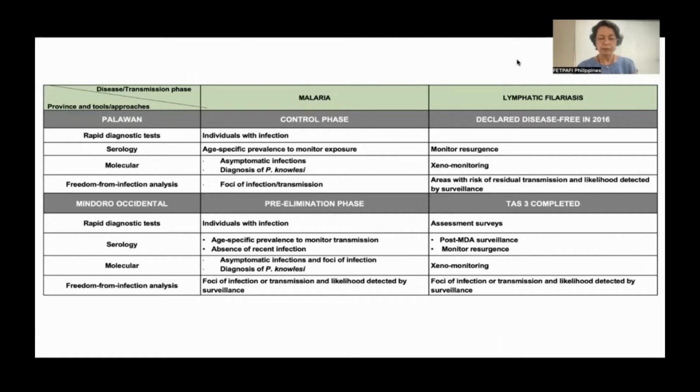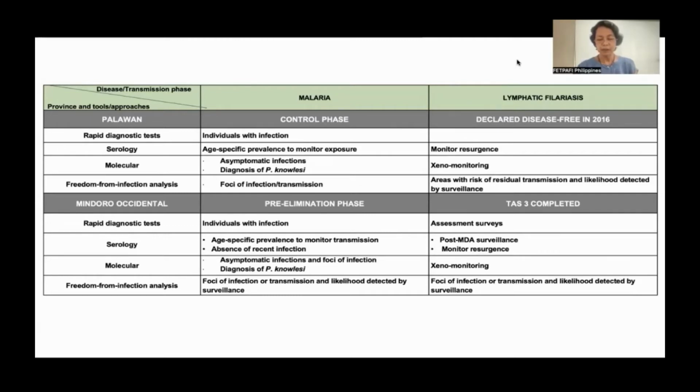The presence of exposure to or infection with malaria and LF. 2. The absence of transmission or recrudescence of malaria and or LF. 3. To identify the foci of infection or transmission and the likelihood of detection by surveillance.